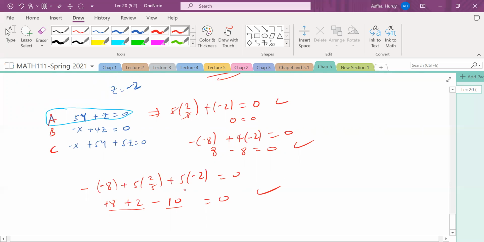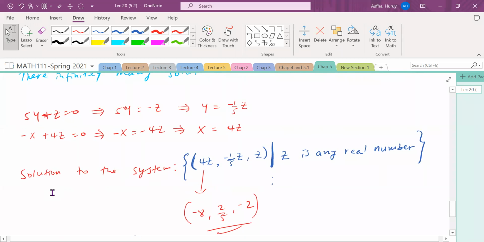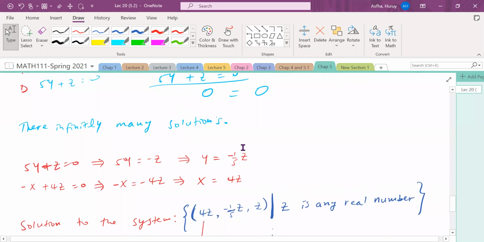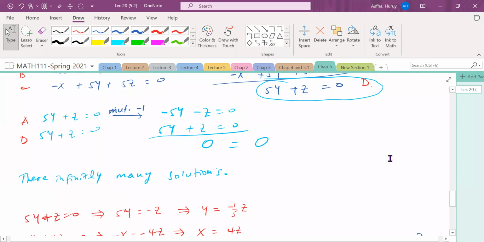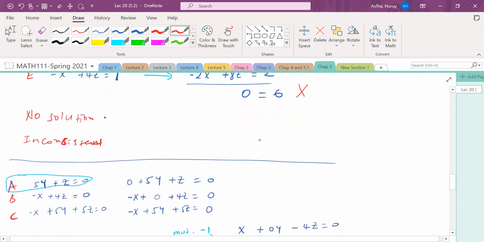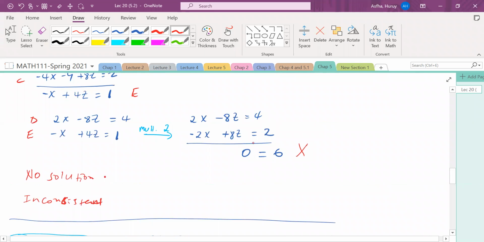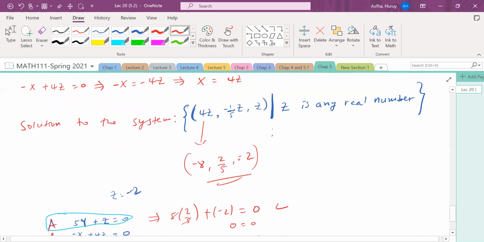Again, that's true. So we know it has infinitely many solutions, because we end up with such an equality, and this equality is true. If this is not true, if you end up with something like this, then the system is inconsistent and there is no solution to the system.